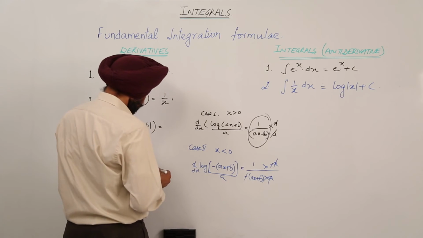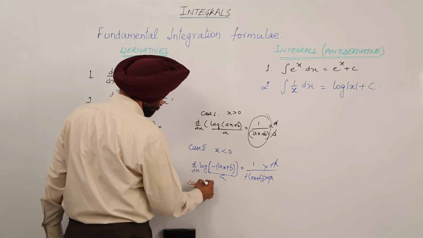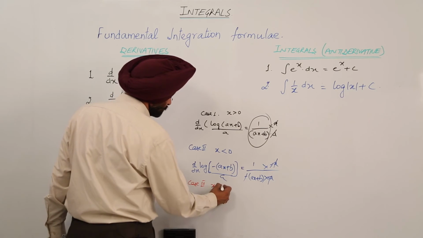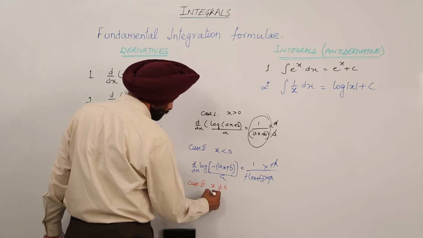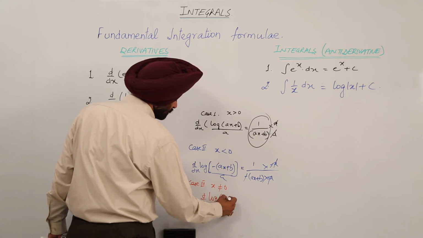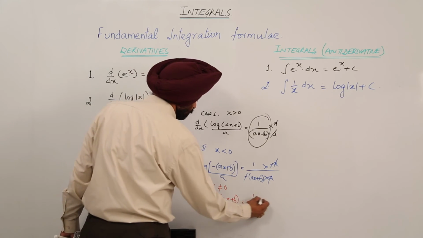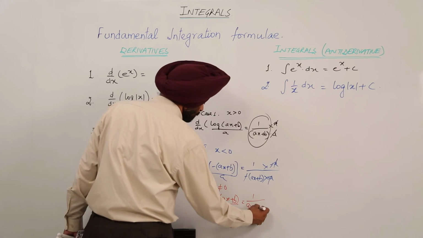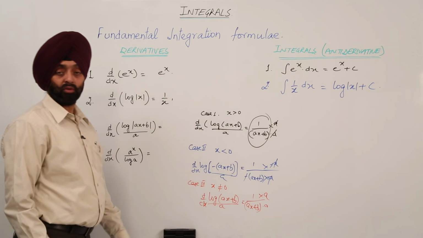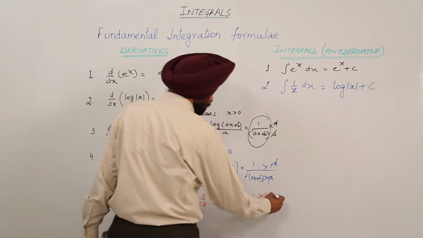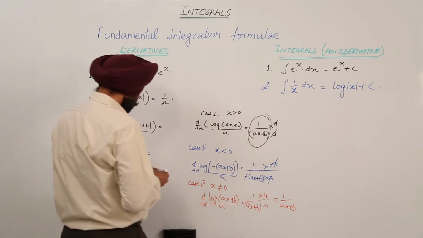Case 3, when x is not equal to 0, then d by dx of log of ax plus b upon a is equal to 1 upon ax plus b into a, and with the numerator a also. Again this is 1 upon ax plus b. So what is the result?